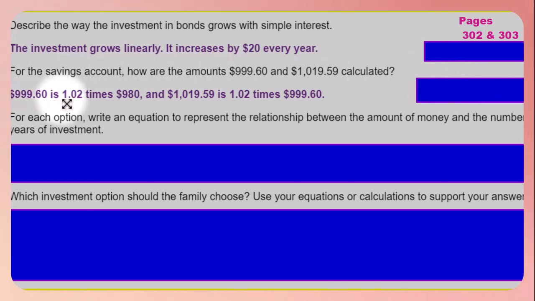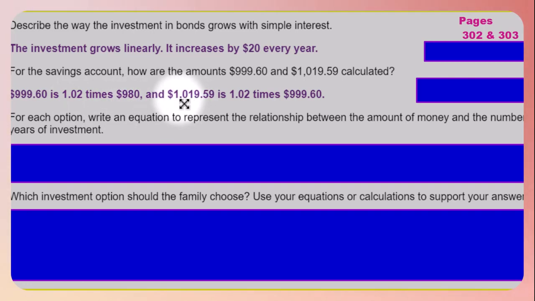999.60 is 1.02 times 980. So we're not just adding each year, we're multiplying by 2%, or 2 over 100.